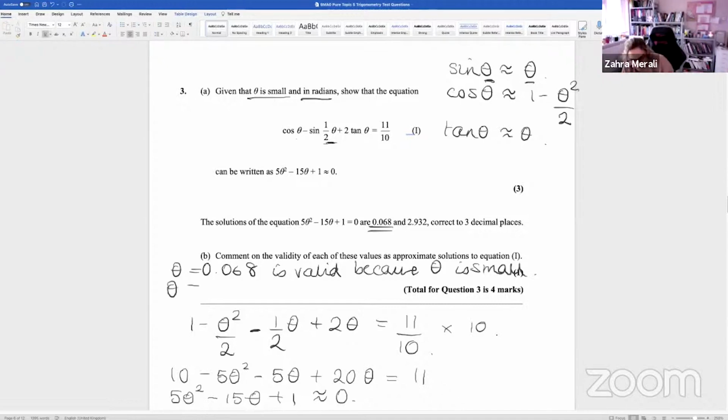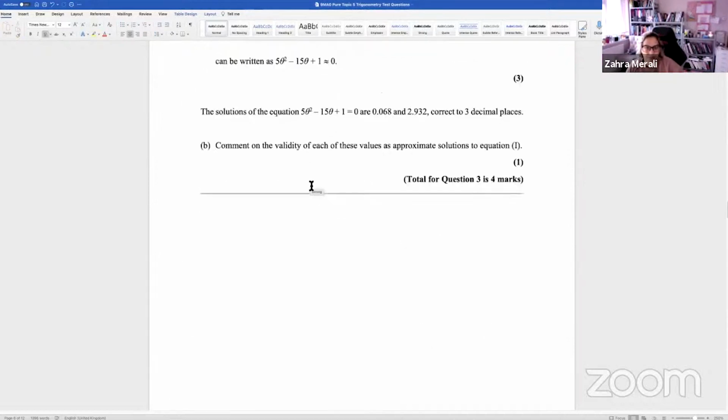And theta equals 2.932 is not valid because theta is large. If you think about it, pi, which is 3 point something, is 180 degrees, so 2.9 is quite a large angle, okay? Even if you get a different question, this is a very typical question that they might ask in this form.